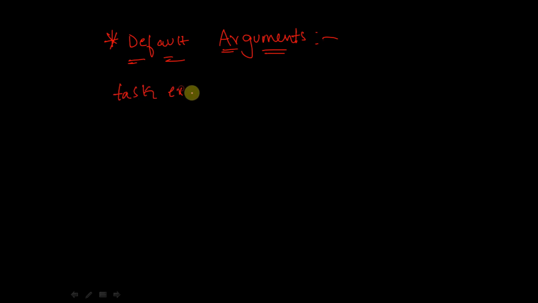We also have default arguments. What are default arguments? Let's say we have declared a task ex_2 with int a, int b is equal to 0, and int c.